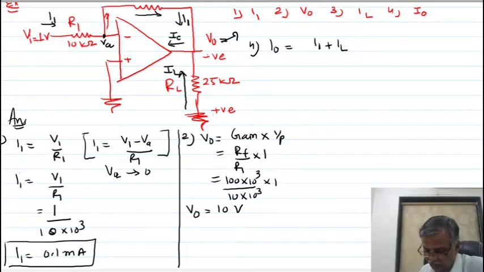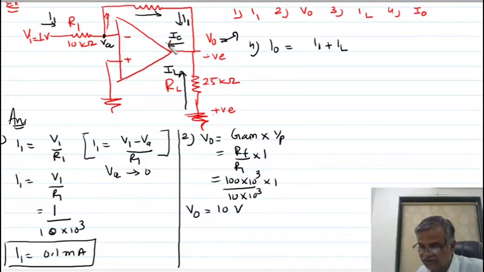Look again at what I am telling you. This is the current flowing in this direction. Sir, why have you taken this direction? This is an inverting amplifier. Input I have given plus 1 volt, so here you will get negative. This is negative. This is your ground. Ground is positive with respect to negative. Current flows from higher potential to lower potential. Current will flow like this, and this current will come in this direction.